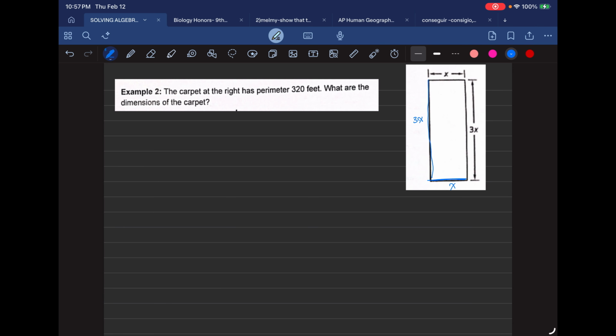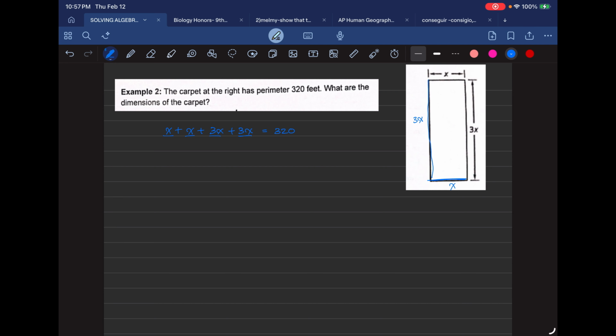So, we get the perimeter by adding all of the sides, right? So x plus 3x plus x plus 3x is equal to 320.